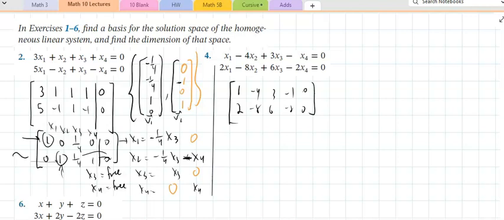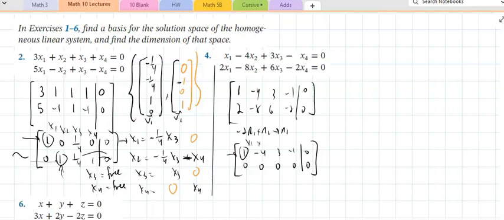Here you notice with ease, if you take negative twice row 1 plus row 2 and put the result in row 2, what would happen? Multiply this by -2 plus 2, that's 0, that's 0, that's -6, and that's 2, that's a 0. So what does that mean? That means I only have x.